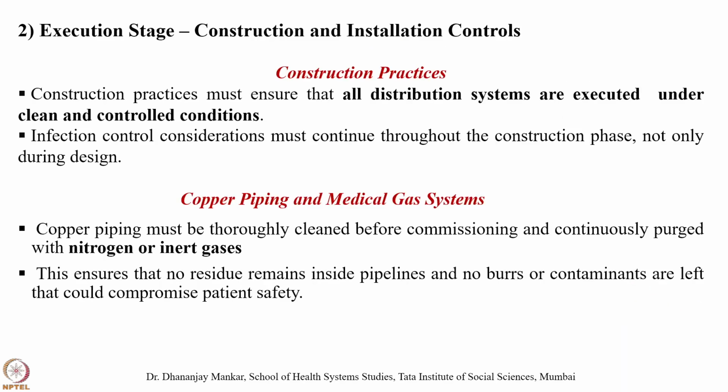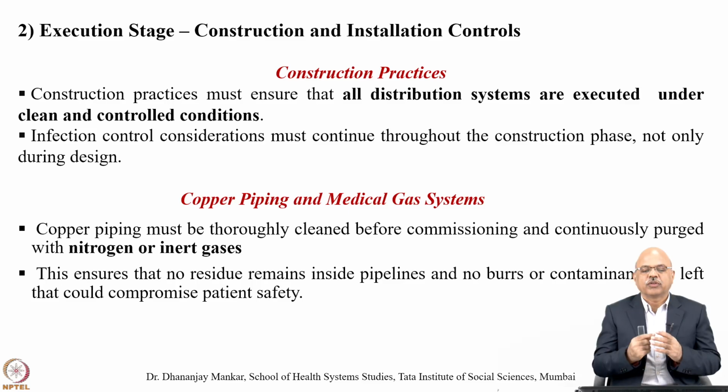If a proper design is made for the static water storage, it deals with major problems to be solved. Now, in the execution stage, we will see the construction and installation controls. Construction practices must ensure that all the distribution systems are executed under clean and controlled conditions. Infection control considerations must continue throughout the construction phase, not only during the design.